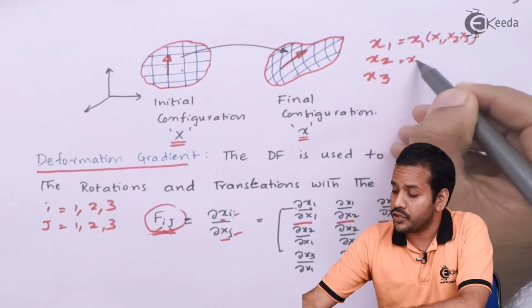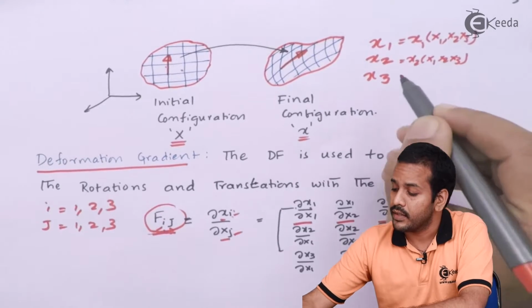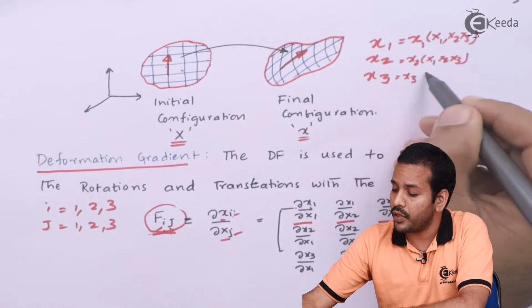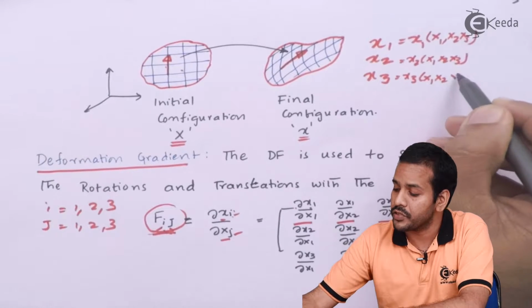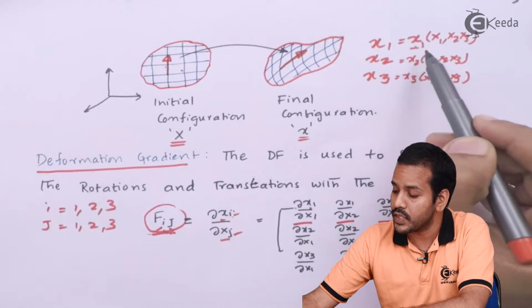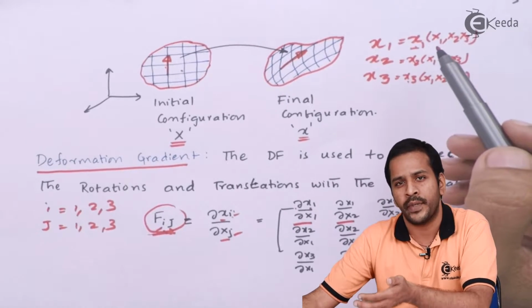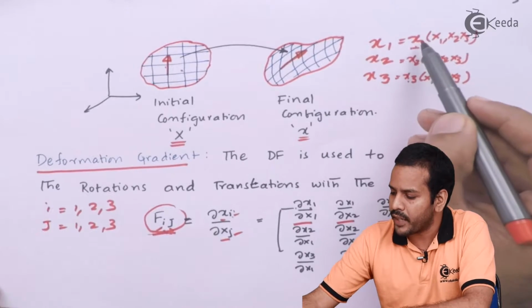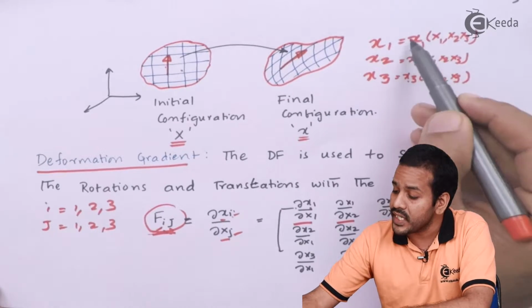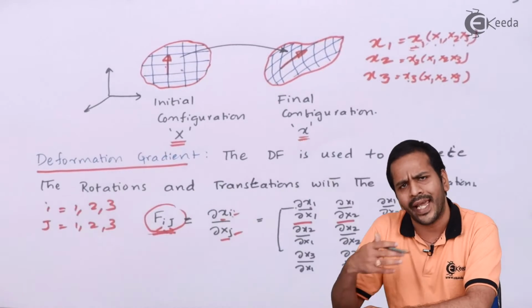Similarly, small x2 is a function of capital X1, capital X2, capital X3, and small x3 is also a function of capital X1, capital X2, capital X3. Don't be confused by the notation small x1 followed by brackets with capital X. That is the usual form of representing a function, a function of capital X1, capital X2, capital X3, which can be anything.